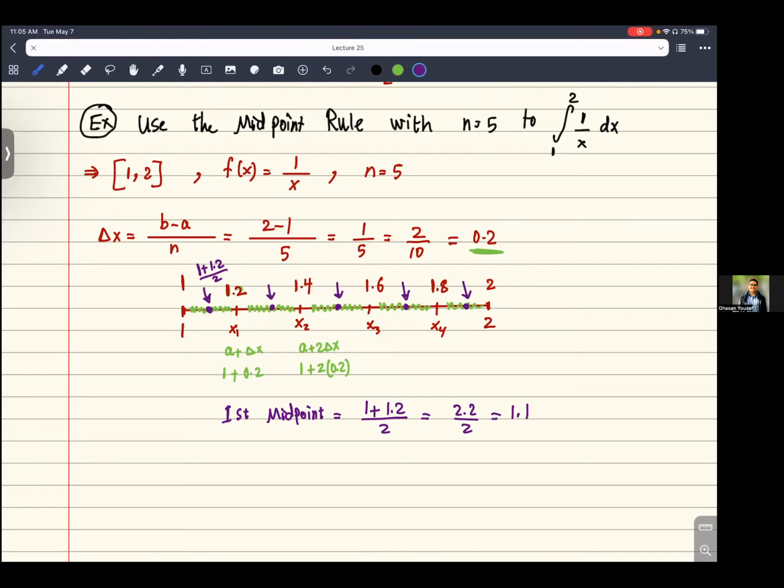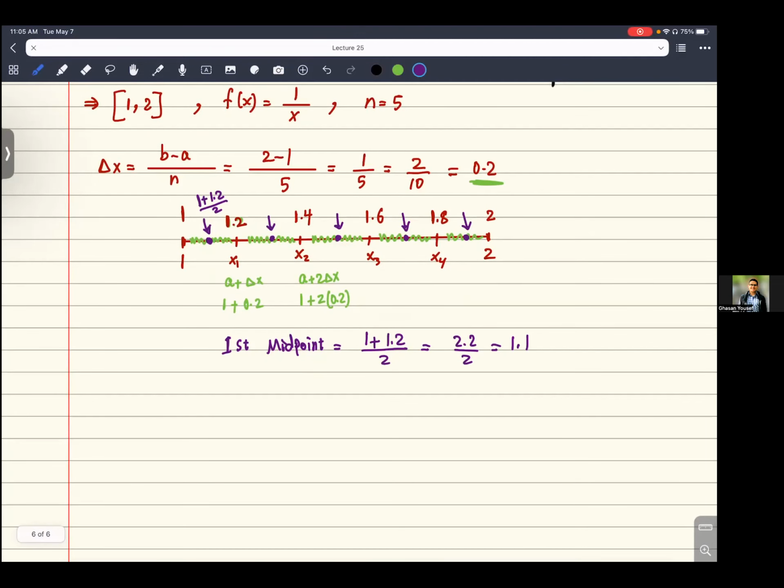Same thing for the second point, the third point, the fourth point. You can try it as an exercise to find all the midpoints, but I'm going to give them to you. You're going to use the same method, adding the endpoints divided by 2. For the second midpoint, you add 1.2 to 1.4 divided by 2. Same thing for the third, fourth, and fifth midpoint.